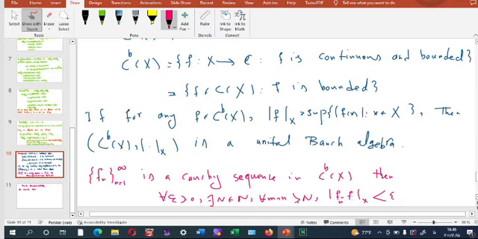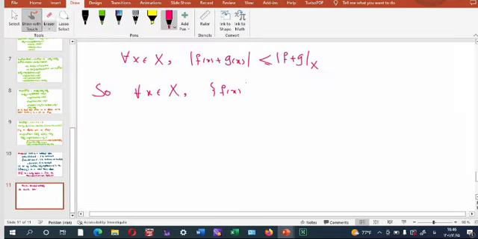Okay, f_n and also f_m. So that f_n of x, n from 1 up to infinity, is a Cauchy sequence.